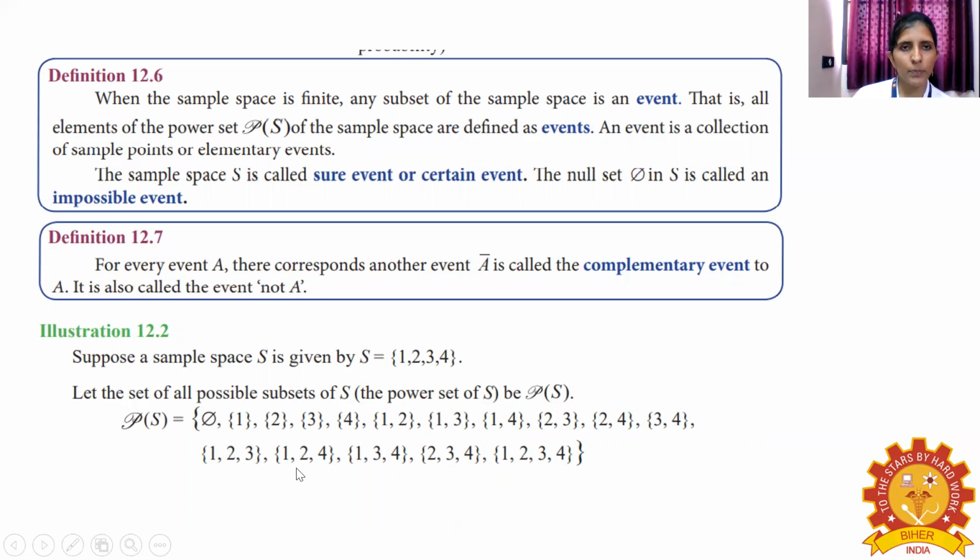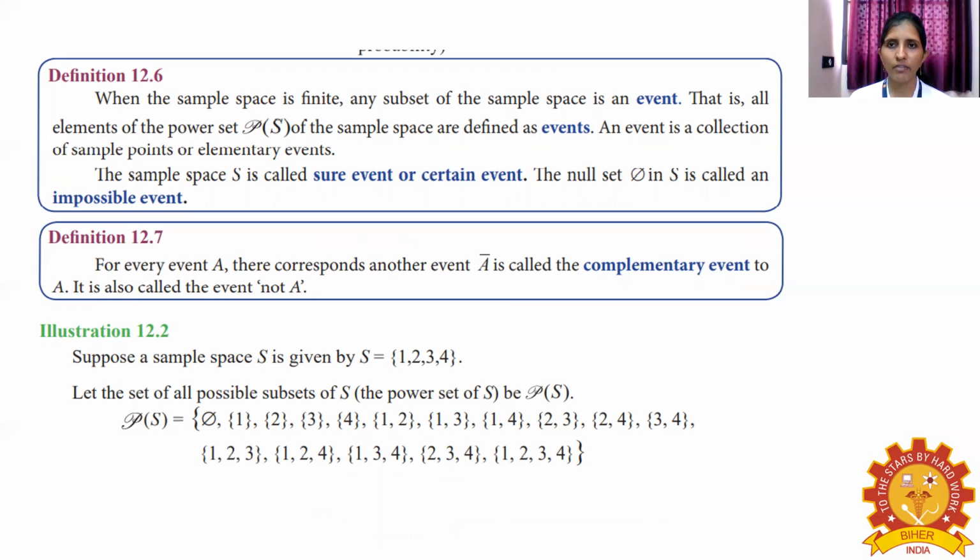When the sample space is finite, any subset of the sample space is said to be an event. That is, all the elements of the power set P(S) of the sample space are defined as events. In general, an event is a collection of sample points or elementary events. The sample space S is called a sure event or certain event.